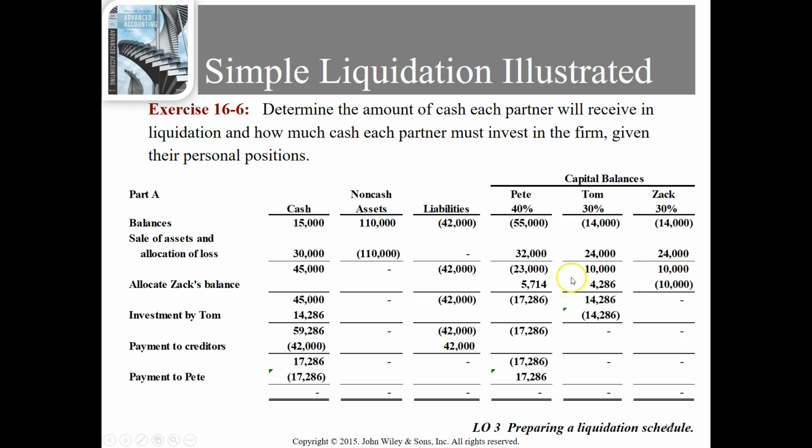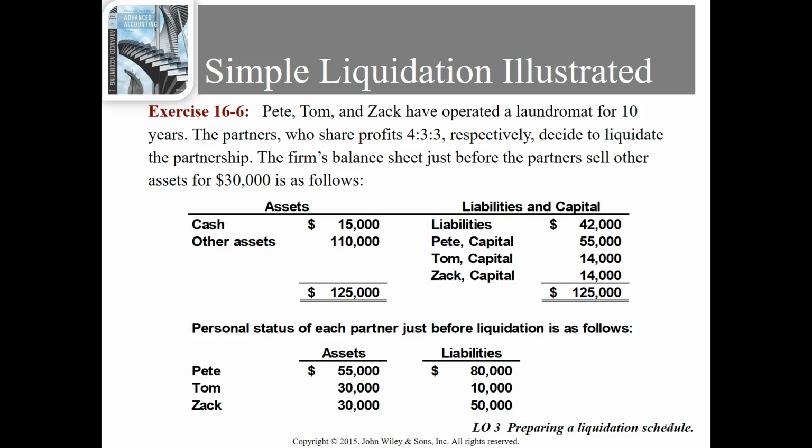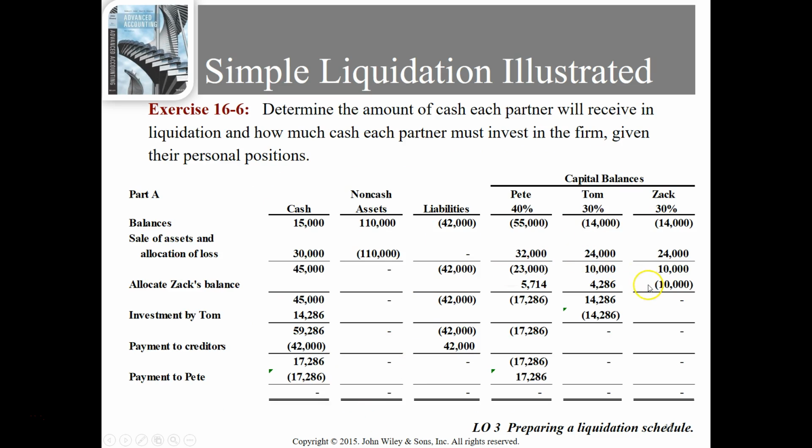Now, what you will notice at this time is that it looks as though Tom and Zach have deficit balances. Well, what this now means is, okay, we need additional funds. Now, from the previous slide, you'll notice that Tom has money, but Zach does not.